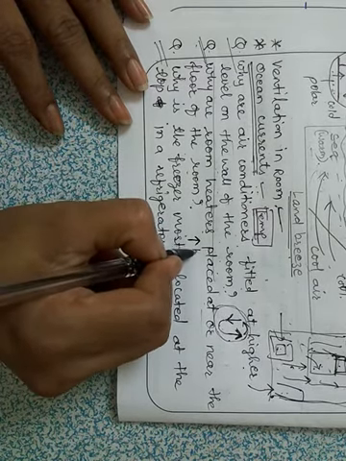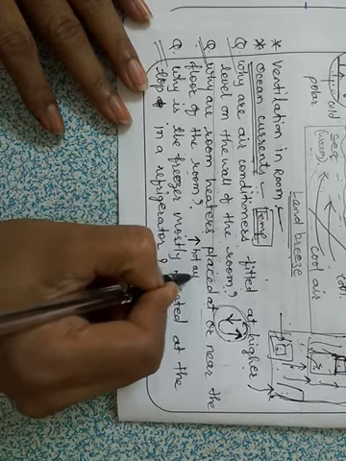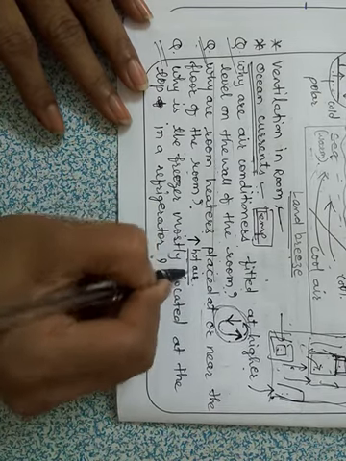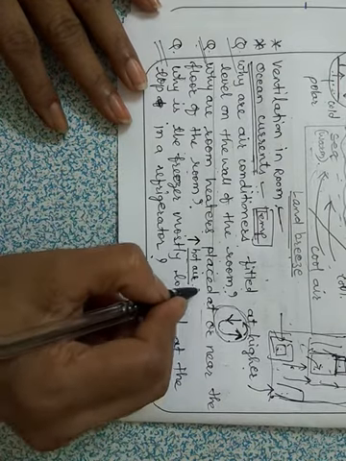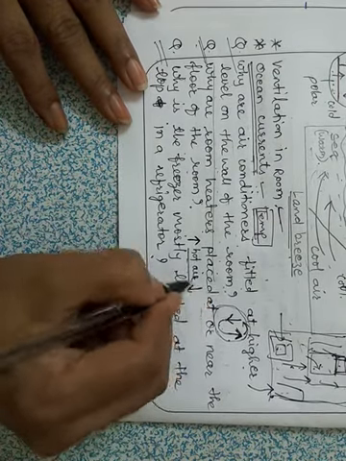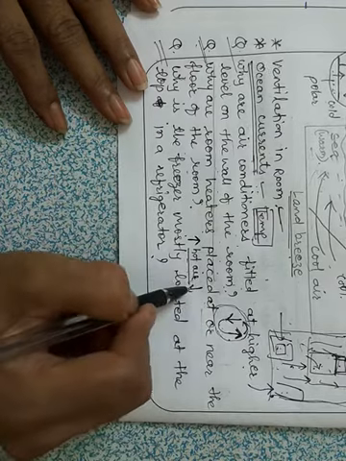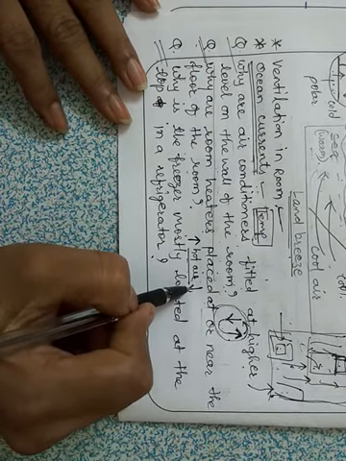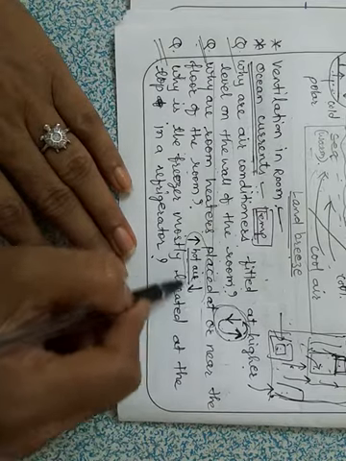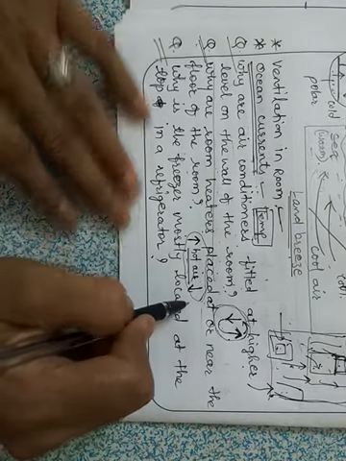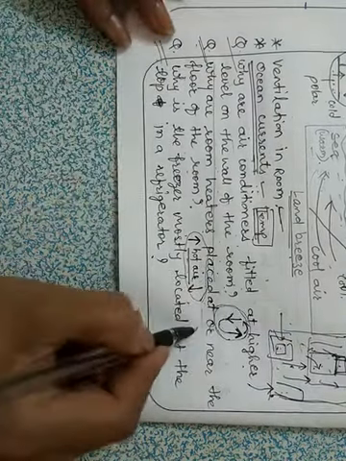This is hot air, it goes up, and the cooler air from the higher level comes down. Same reason. Thus convection currents are set in the air and the room gets warmer. So this is the reason, convection currents.